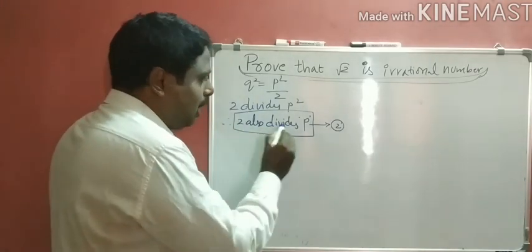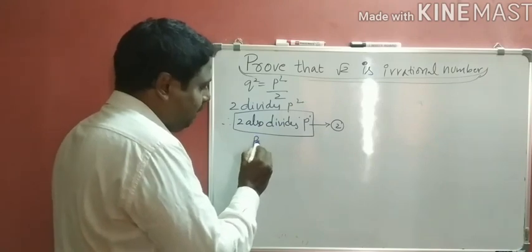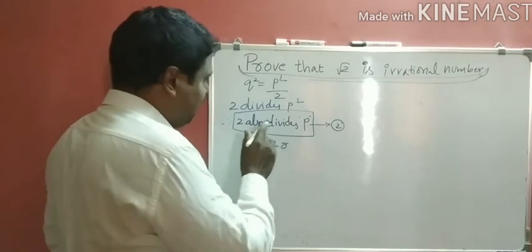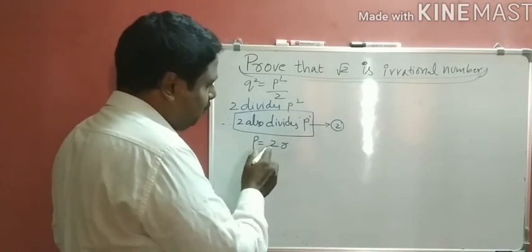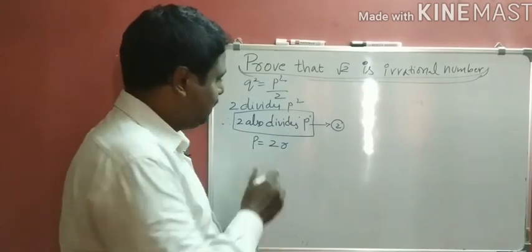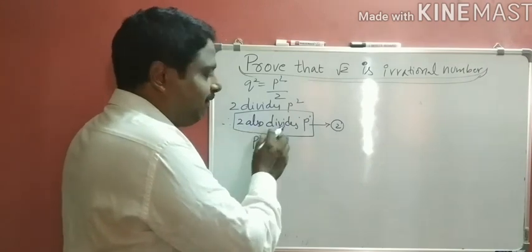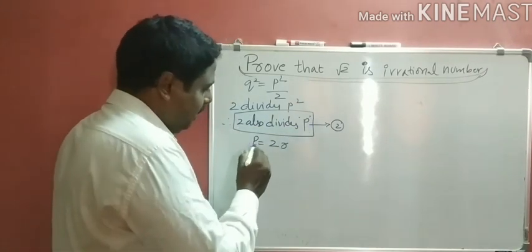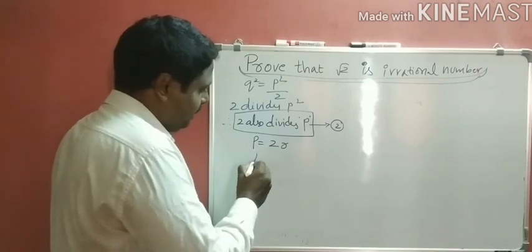So since 2 divides p, p can be written as 2 into some r. Why? Because 2 divides p means p should be a multiple of 2. So p can be written as 2r. Again squaring on both sides.